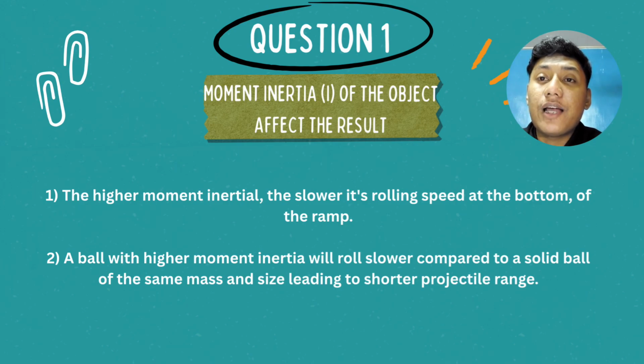Next, a ball with a higher moment of inertia will have a lower linear speed compared to a solid ball of the same mass and size. This results in a shorter projectile range after leaving the ramp.